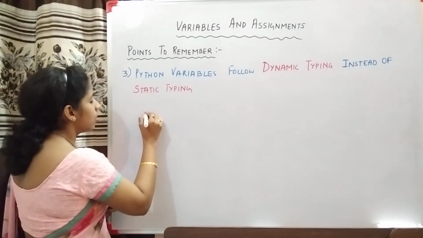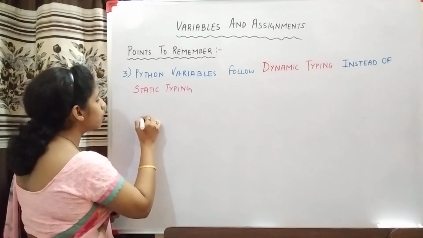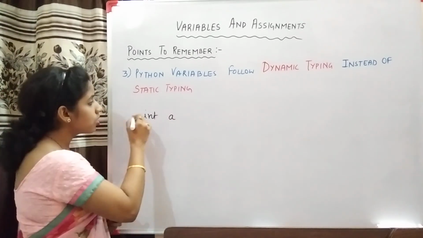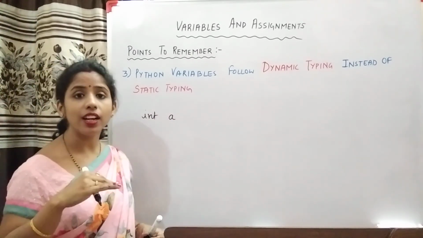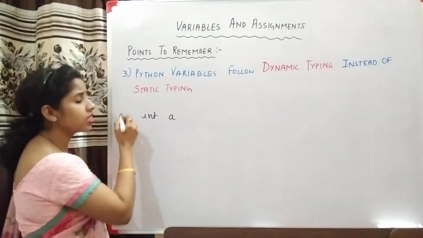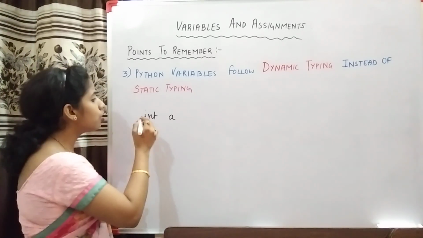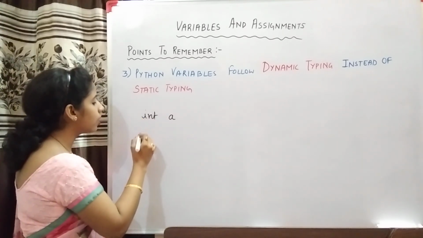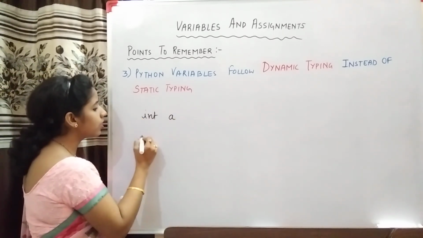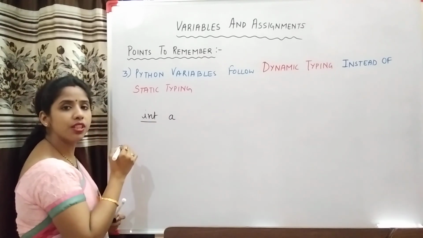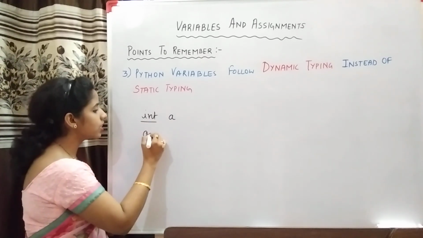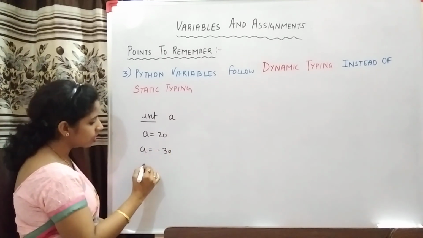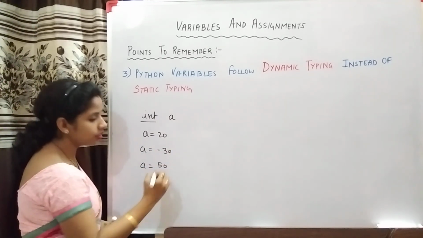Suppose in case of static variable, you said that my variable is A. So this is the case with other languages. You know, in case of C, C++ and Java languages, you used to declare the variable in the very beginning, and once you used to declare it, then after this, since you said that this variable is going to store integer value, so you can assign 20 to it, you can assign -30 to it, you can assign 50 to it.